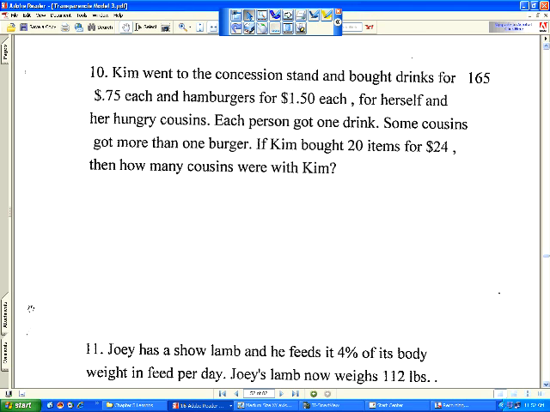Now, I need to tell you, first of all, that when I say how many cousins are with Kim, I wasn't including Kim. Now, she's one of the persons that got something to eat and drink, so I was kind of trying to be sneaky. For a number of people, you have to take one off, but anyway, either way it's acceptable.